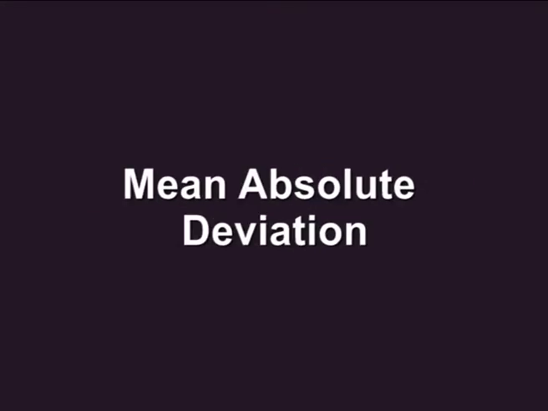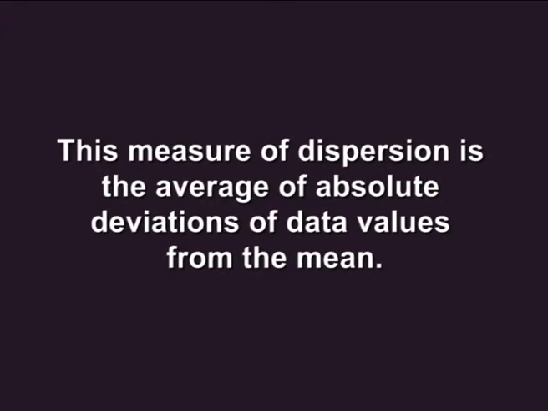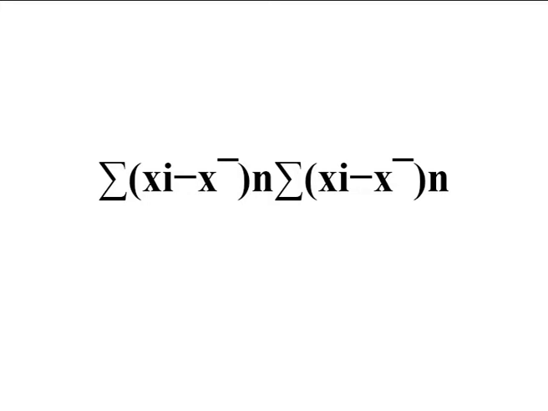Then we have mean absolute deviation. This measure of dispersion is the average of absolute deviations of data values from the mean. It is computed using the formula as shown on the screen, where x bar is the arithmetic mean of the data set.